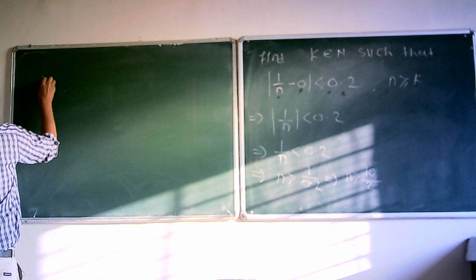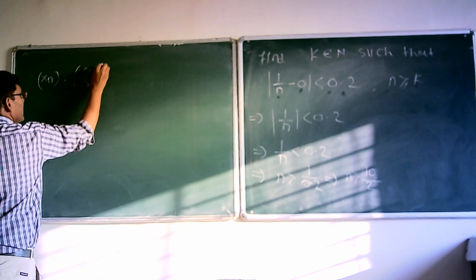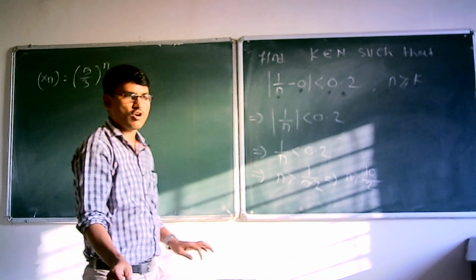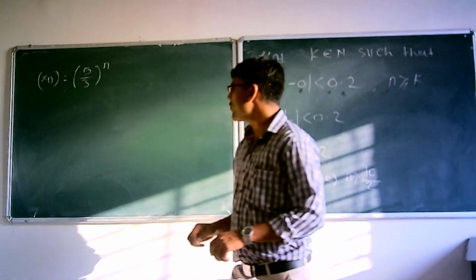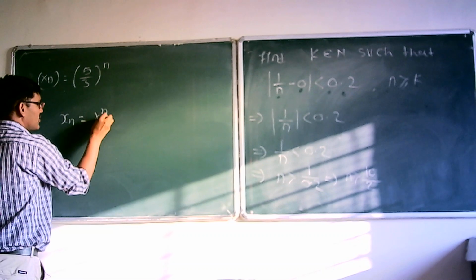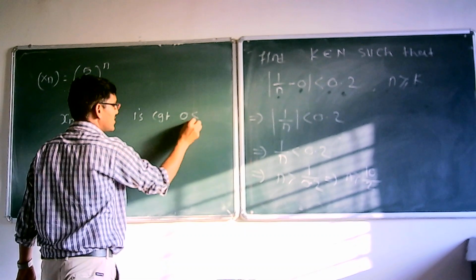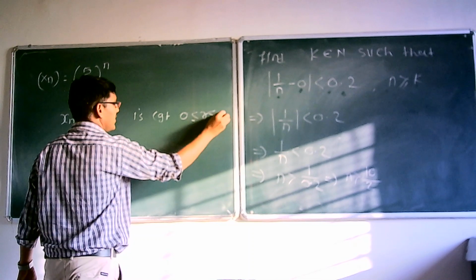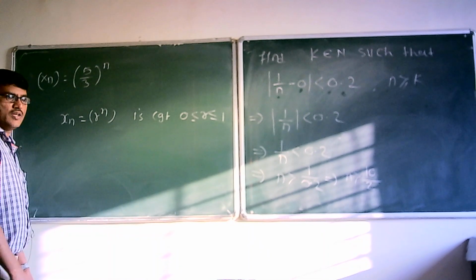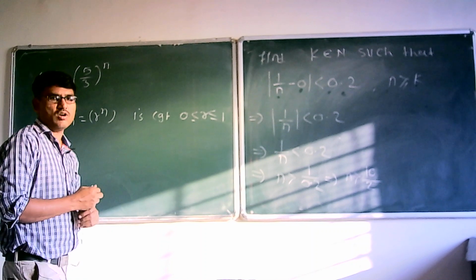Check whether xn equal to 5 by 3 raised to n is convergent or divergent, and if it is convergent, find its limit. Now all of you know that the sequence xn is equal to r raised to n is convergent if our r lies between 0 and 1. If it is greater than 1, then the sequence is divergent.